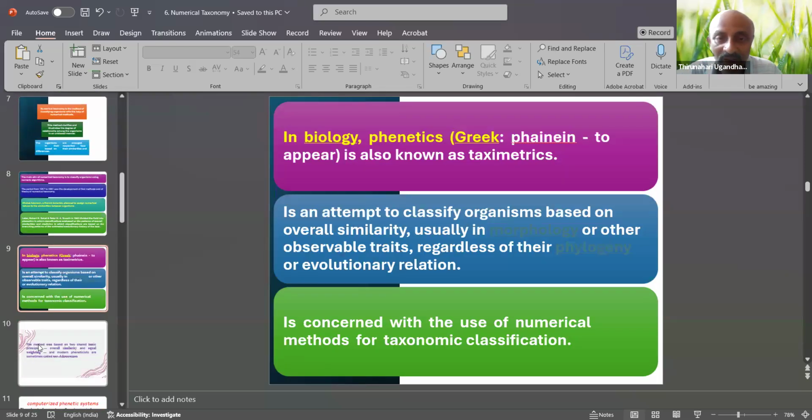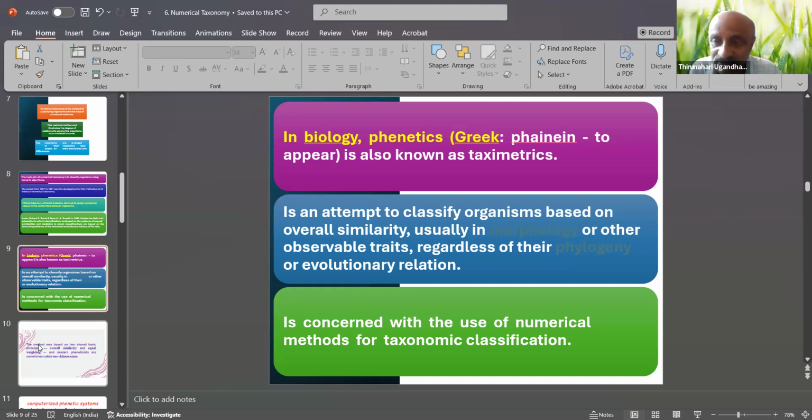This is the biology of phenetics, also known as taximetric studies. Taxis means the meaningful arrangement of plants, and metrics means number-based. It is an attempt to classify organisms based on overall similarities, using observation of traits regardless of their evolutionary relationships.